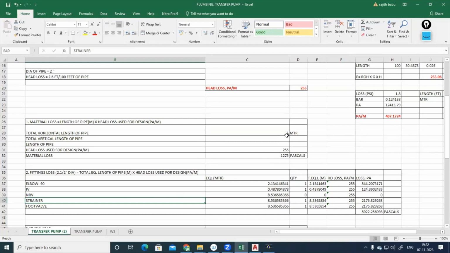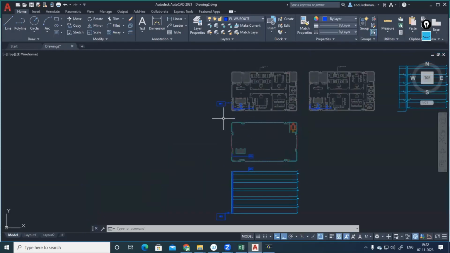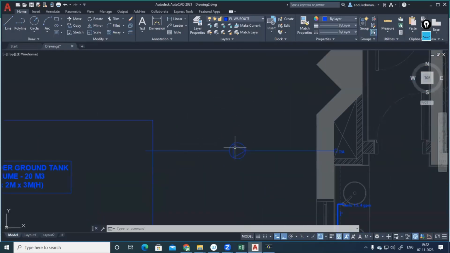How many meters can it come? We should find. Anyhow, this length of pipe we can take from the route only. I'm just going to the drawing. Horizontal length I should take first. This one. Anyhow, along with the pump, we can take from here to here.